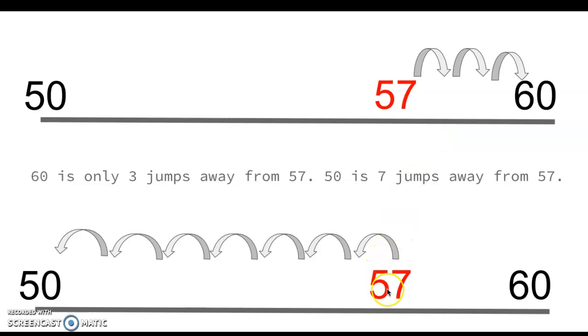And then down here from 57 to 50, going backwards, I made 1, 2, 3, 4, 5, 6, 7. We know that 3 is less than 7, so it would take less time to get to 60 than it would to get to 50. So we would round up to 60.